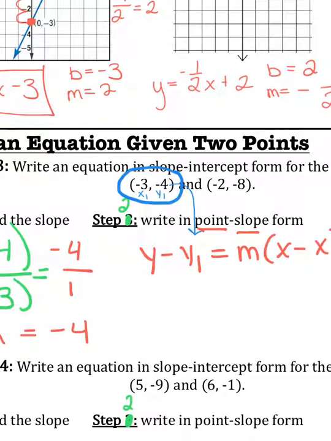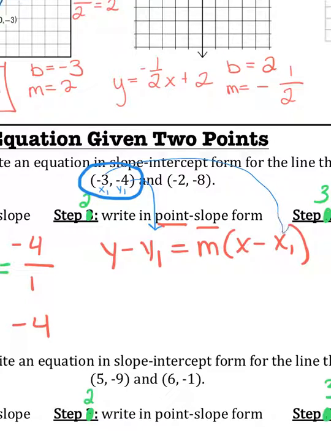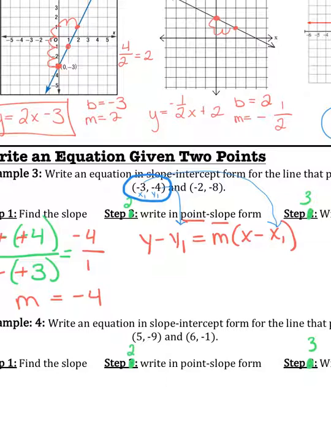And then the negative 3 is going to go in for the x1 here. And we already calculated the slope, right? We said our slope is negative 4. So negative 4 is going to go in for that m. So my equation then in point slope form is going to be y minus negative 4 is equal to the negative 4 slope times x minus negative 3.